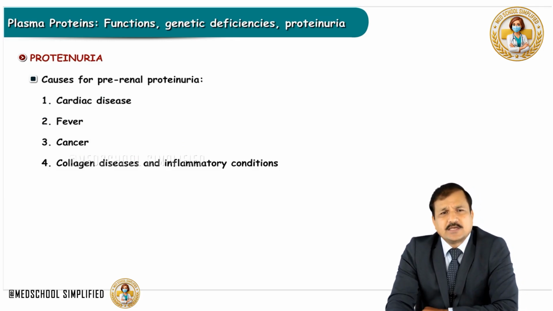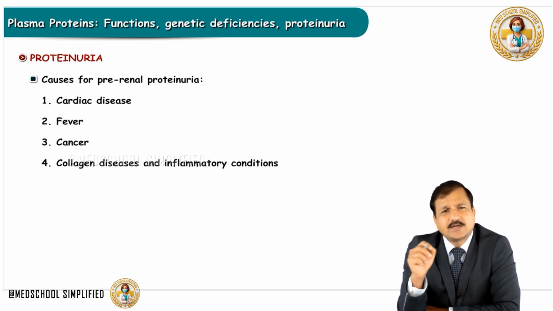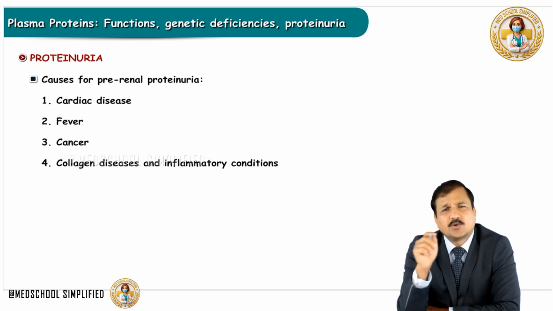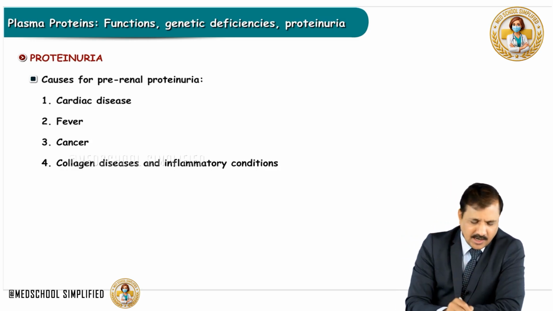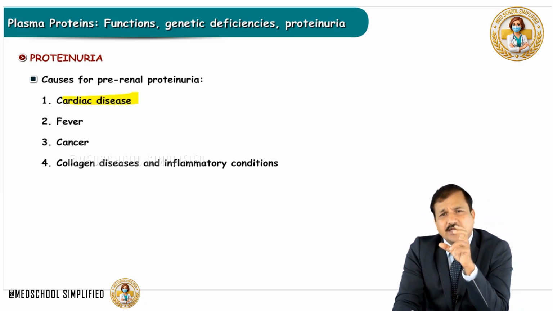The conditions causing proteinuria in the pre-renal group are those that are primarily not related to the kidney. In most cases, they affect the kidneys in such a way as to render them more permeable to the protein molecule. For example, cardiac diseases, by affecting the circulation of the kidney, lead to proteinuria.